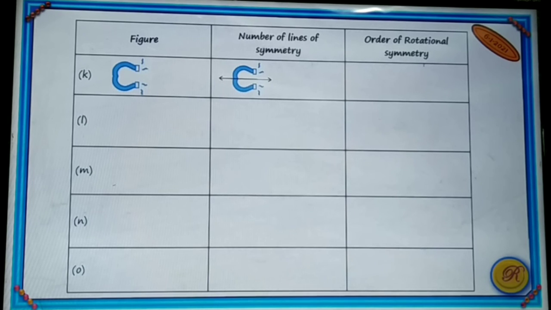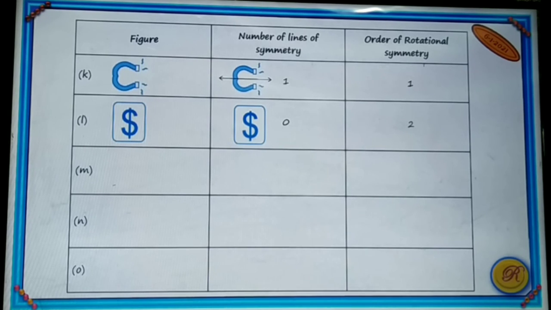Order of rotational symmetry 1. For figure L, number of lines of symmetry 0. Order of rotational symmetry 2.